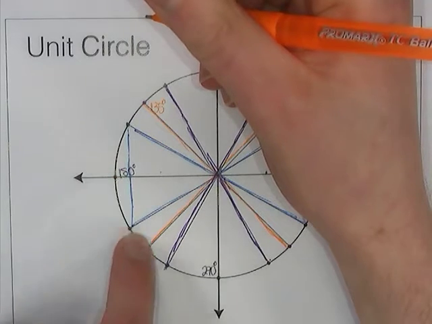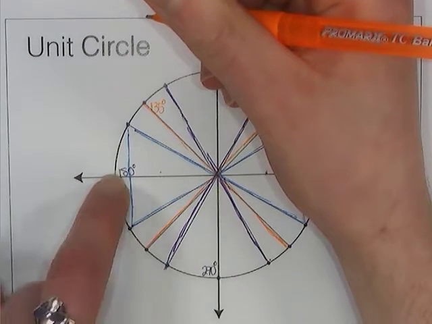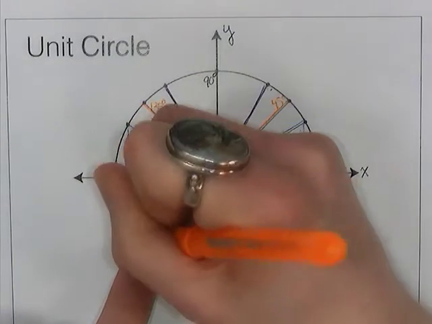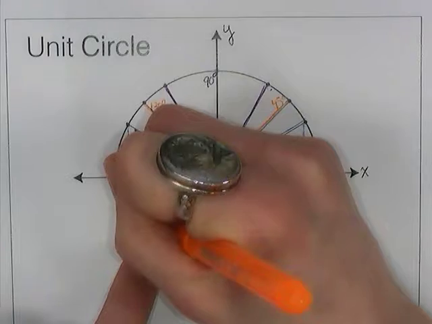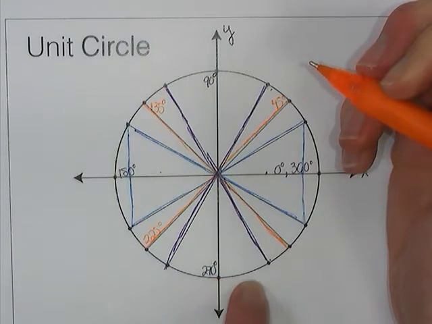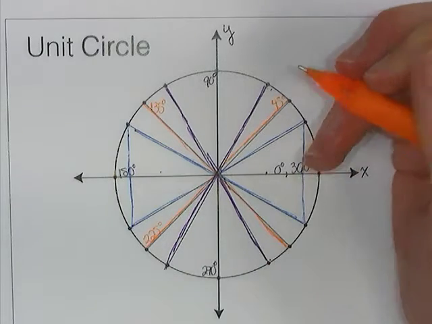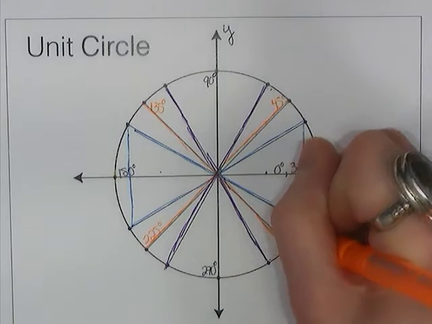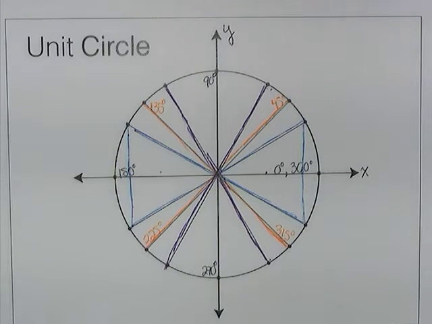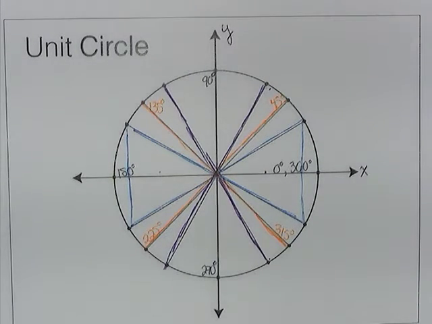From 180 to here, I'm adding 45 degrees, again just moving counterclockwise all the way around. So that's going to be 225 degrees. Down here is 270. Add 45 to 270, and we get 315 degrees. And then we're back up to 360. So those ones are taken care of.